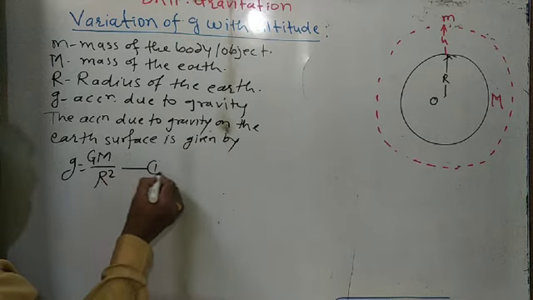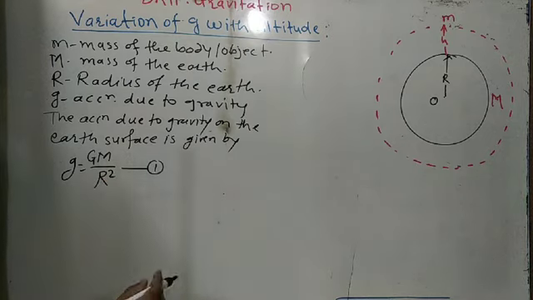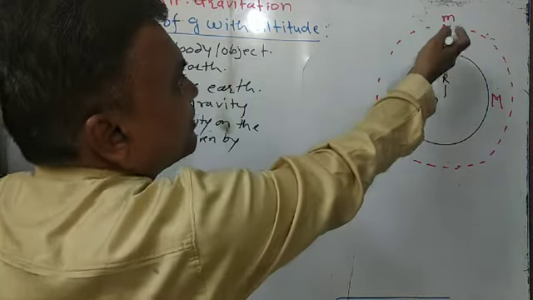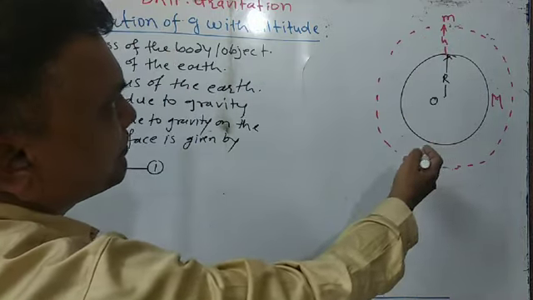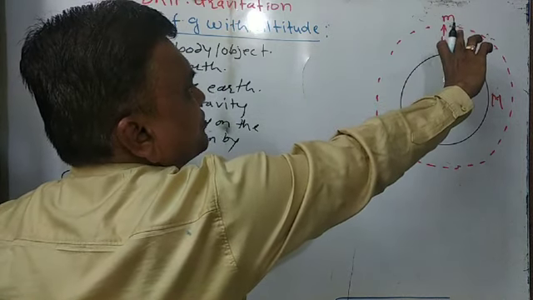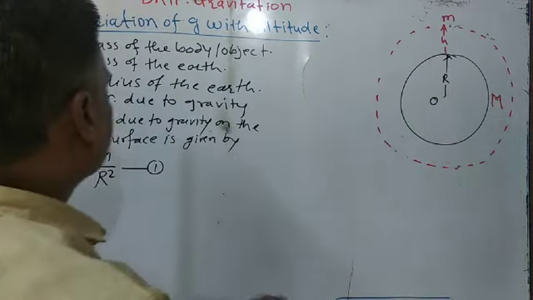We know this very well. But now we have kept the body at height h from the earth's surface, as shown in the figure. Therefore, this is the distance from the center of the earth to the body.